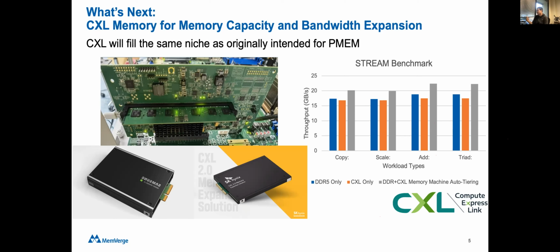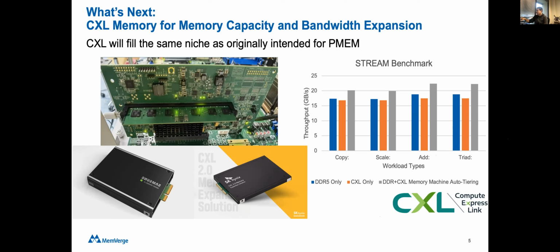With CXL, you can really increase the bandwidth. You can put the memory outside of the box, and you can also expand the memory capacity and memory bandwidth with CXL. For example, here's a report from a stream benchmark from very early CXL samples. The performance is not perfect, but you can see that the y-axis is throughput, and the x-axis is different kinds of workloads from the stream benchmark.